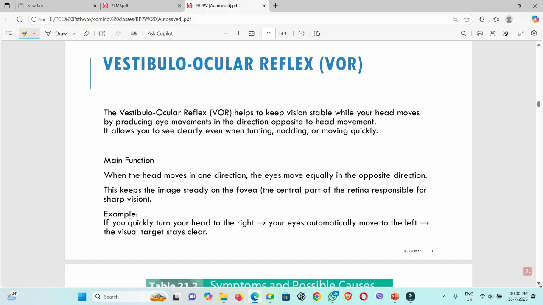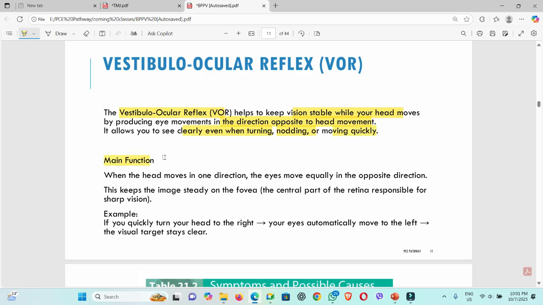Okay, we're talking about the vestibulo-ocular reflex now, VOR. The vestibulo-ocular reflex helps to keep vision stable while your head moves by producing eye movements in the direction opposite to head movement. It allows you to see clearly when turning, nodding, or moving quickly.